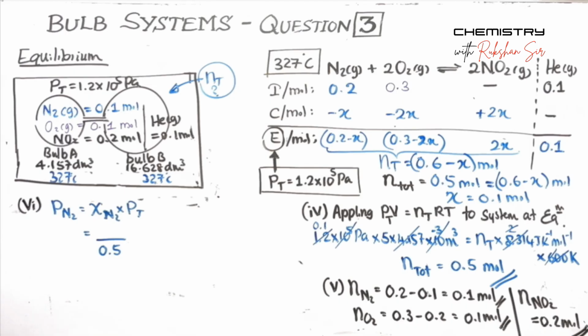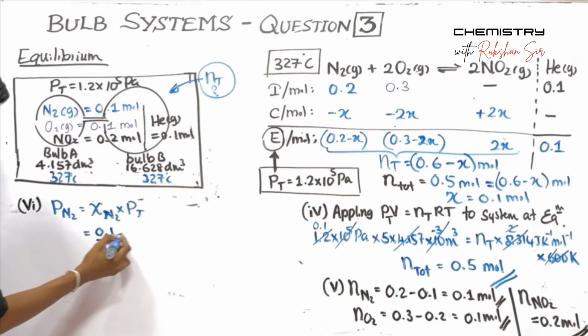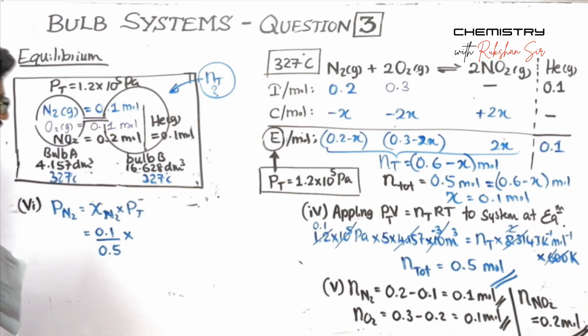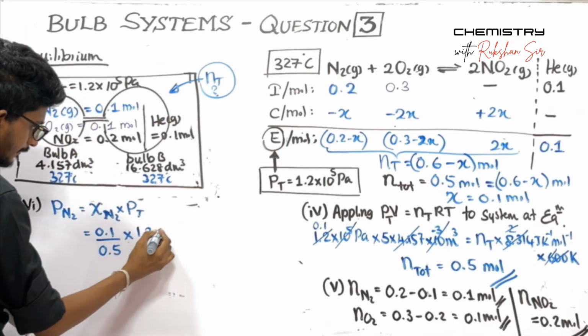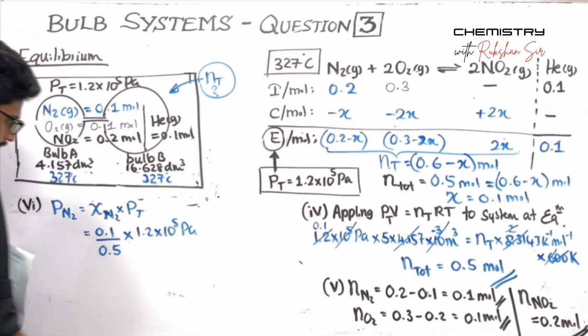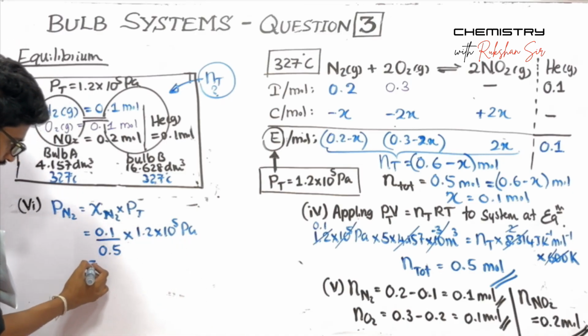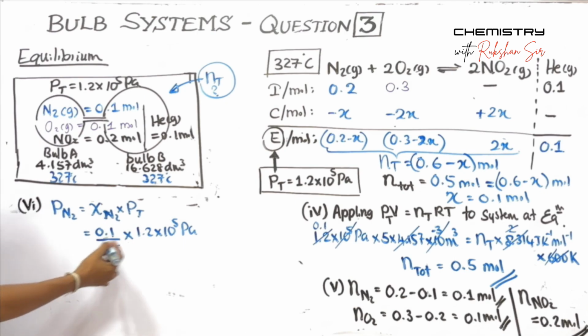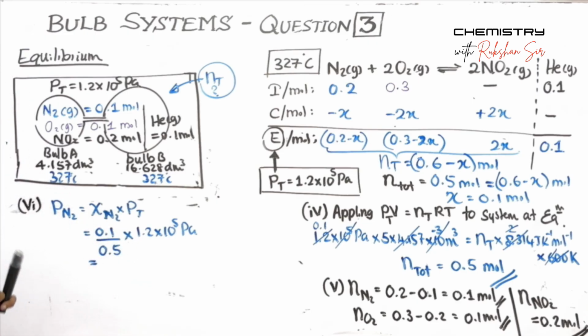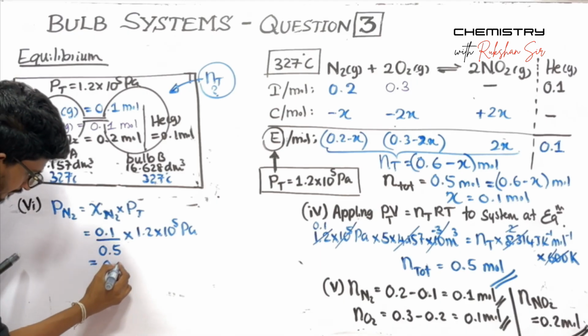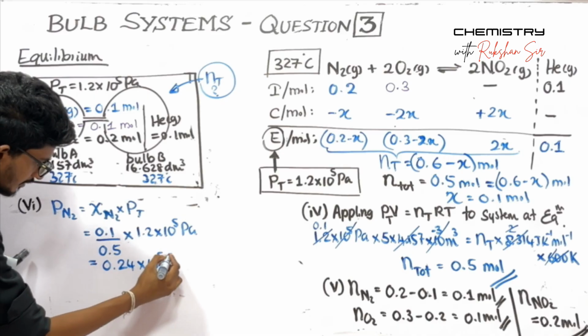Number of moles of N2 is 0.1 into P total. P total value is total pressure, 1.2 into 10 to the power 5. So that value is just 0.1 divided by 0.5 into 1.2 into 10 to the power 5, which is 0.24 into 10 to the power 5.